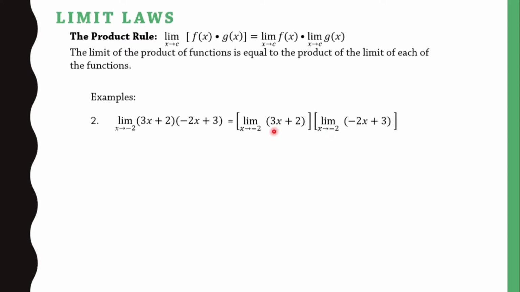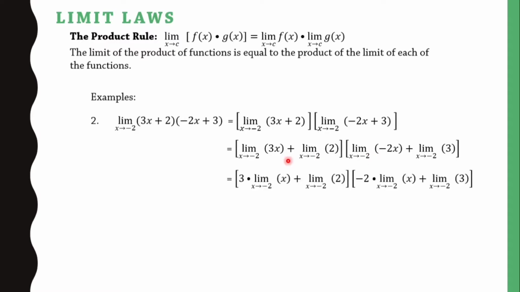Again, we can still break down 3x plus 2 and negative 2x plus 3 into simpler limits. So that's the limit of 3x as x approaches negative 2 plus the limit of 2 as x approaches negative 2, times the limit of negative 2x as x approaches negative 2 plus the limit of 3 as x approaches negative 2. So take note, 3x and negative 2x could still be broken down using the constant multiple rule.